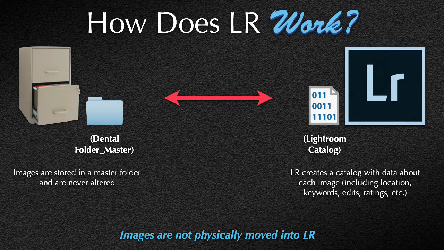It is non-destructive software. It creates an instruction set that is applied to an image with the original always remaining untouched. If you lost your Lightroom catalog, you do not lose your original images. You would only lose the modifications to the images that you made, but not the image itself.